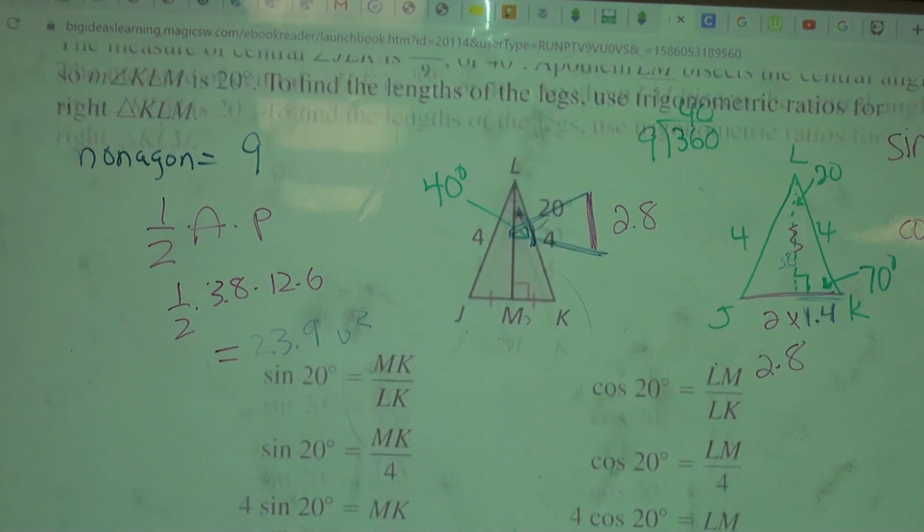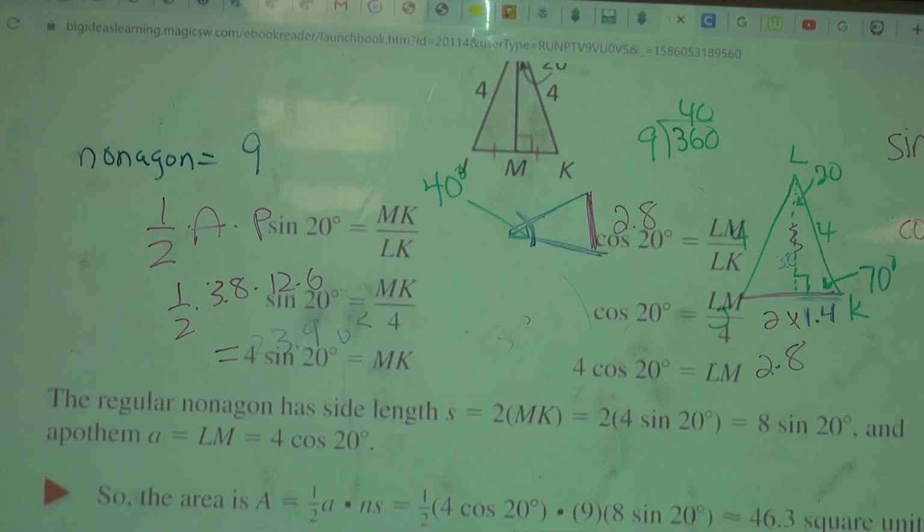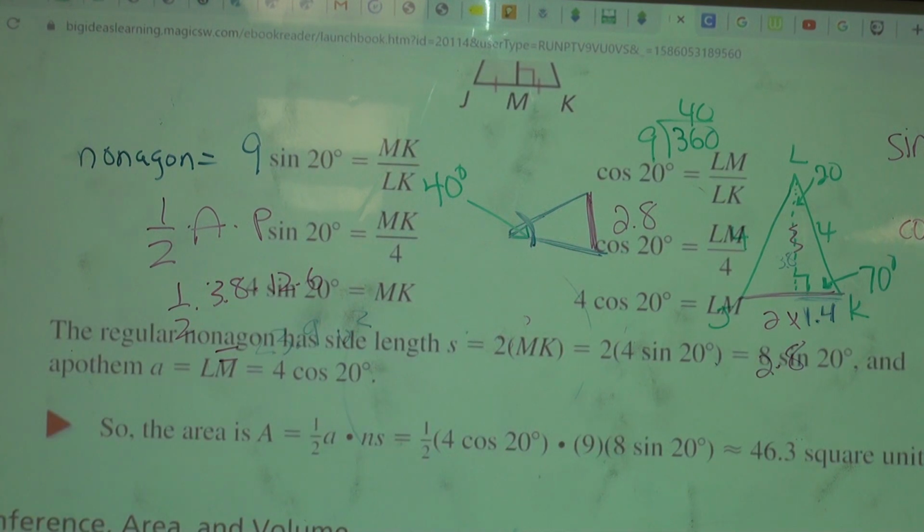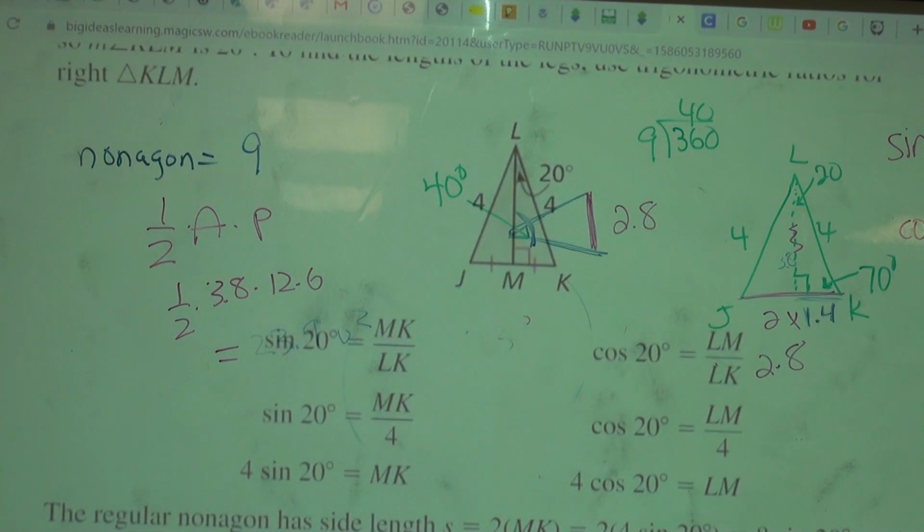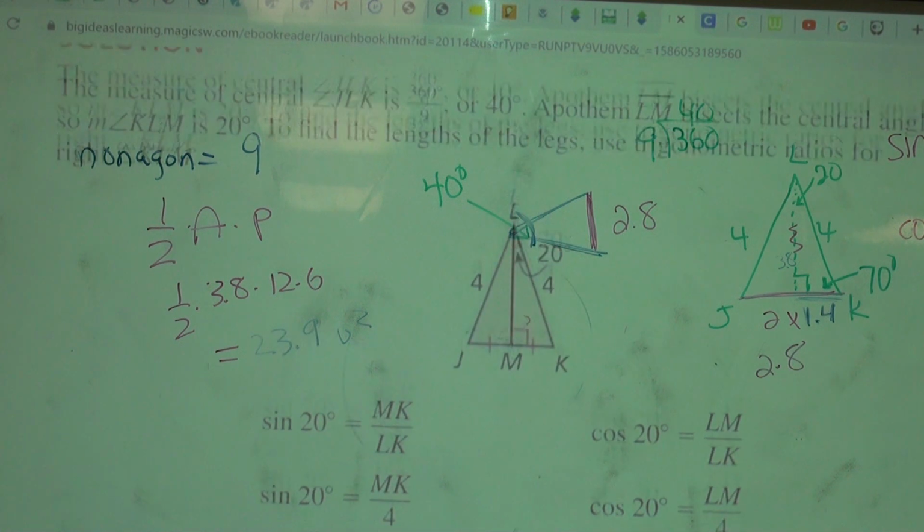Now I haven't checked, let me see. Does the example agree with me or vice versa? It does not. What did I do wrong? Well, shoot, I felt so confident in myself.